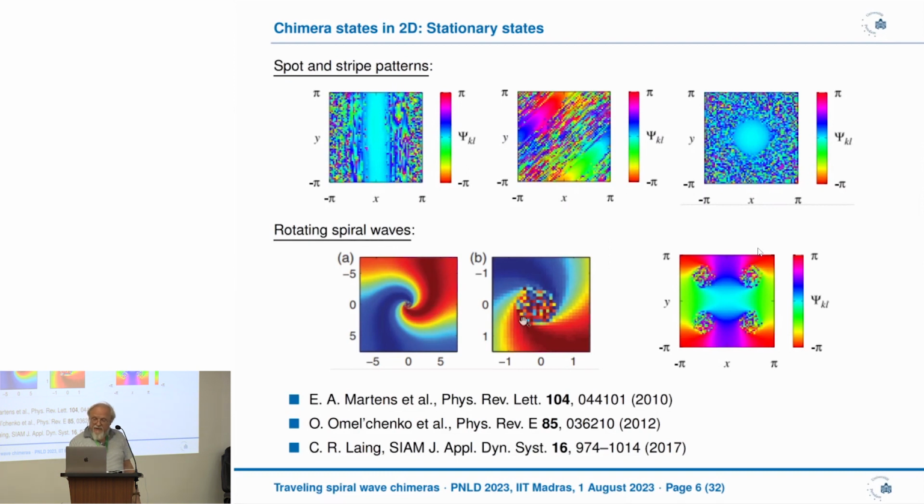For other parameter values, that core may become larger, and it's surrounded by a coherent region in the form of a rotating wave. So the wave rotates in this clockwise direction around this incoherent core. And you can get these multi-core states, like this 4-core state, and we're going to be hearing more about that in just a moment. So those are the kinds of structures that I'm interested in.